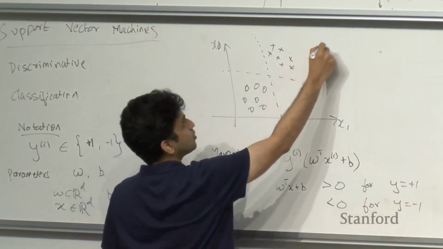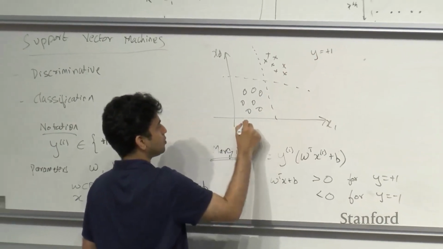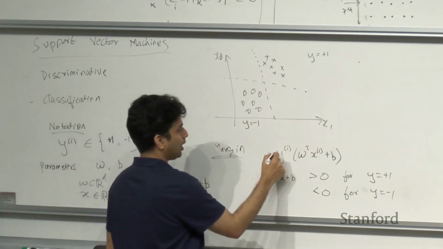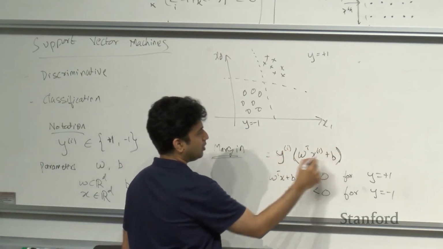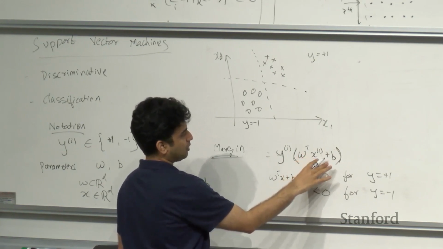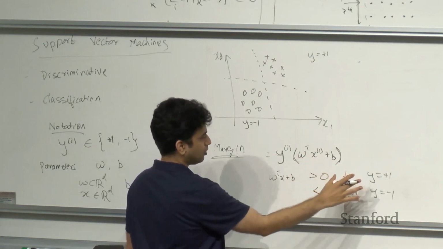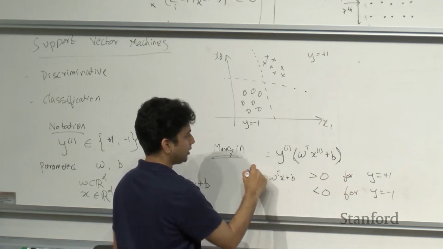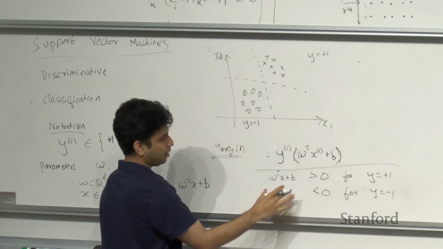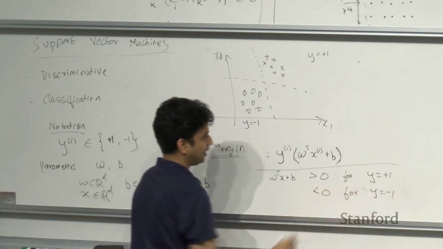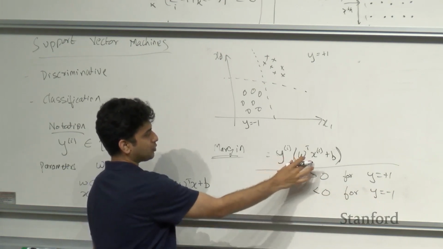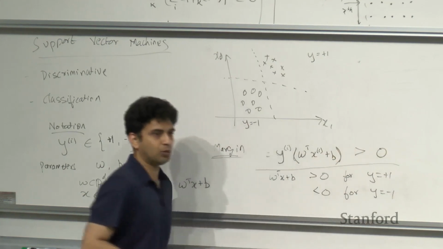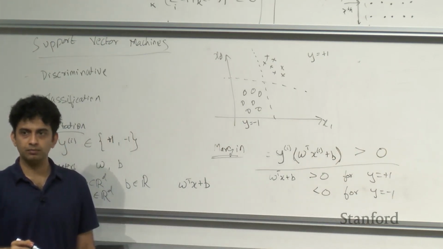So let's suppose this is the y equals plus 1 class and this is the y equals minus 1 class. Right? We want W transpose X plus B to be greater than 0 for y equals 1 and less than 0 for y equals minus 1, which means yi times (W transpose X plus B) should always be greater than 0 for both y equals 1 and y equals minus 1.